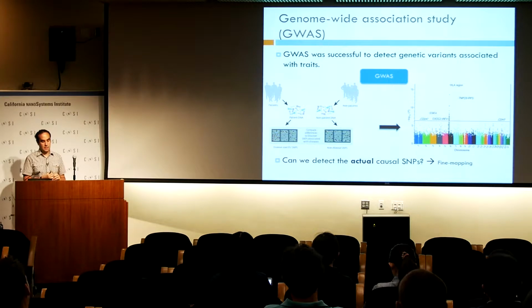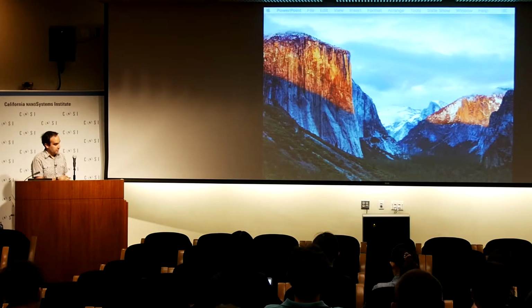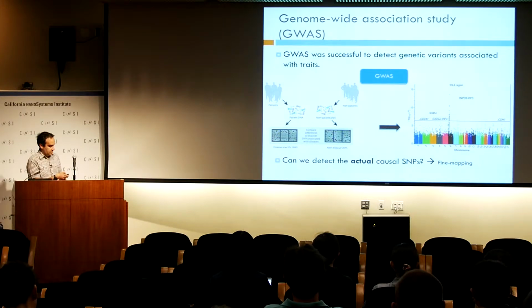Going from an associated region, you see that there are many variants all along this peak. So the question is, which one of them is actually driving the signal? Fine mapping has generated a lot of interest. There have been many papers on it, both applying fine mapping to understand GWAS peaks as well as methodology.